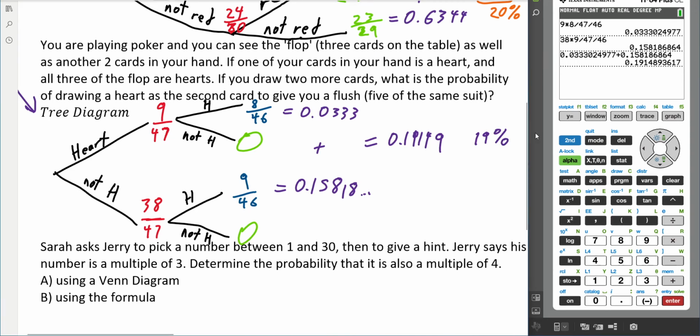Okay, now there is just one interesting thing to say. In poker, we don't care if it's the next card or the card after. So let's add both of these percentages up. So 9 divided by 47 plus, sorry, not this one, 0.15818664.